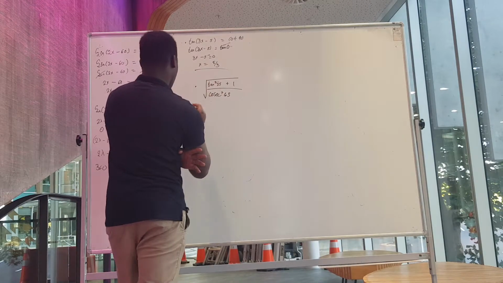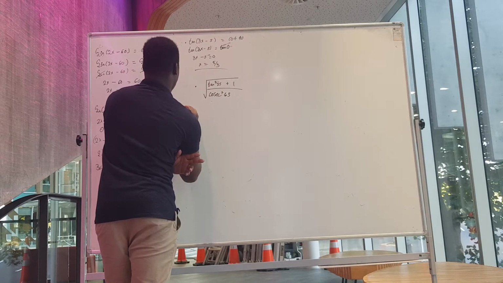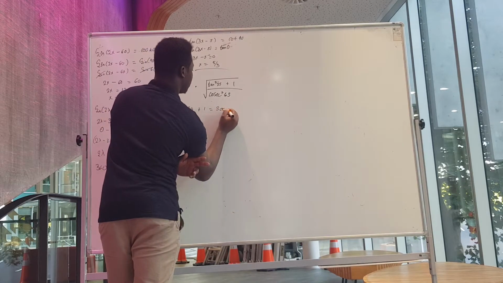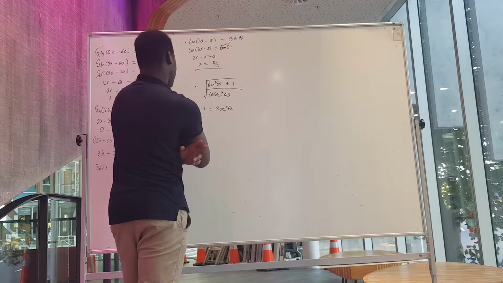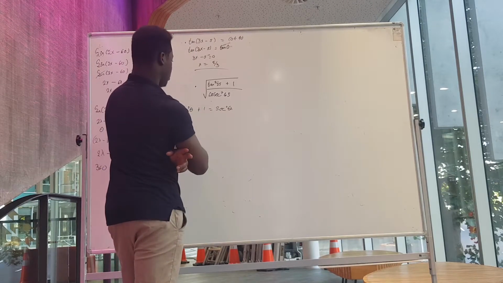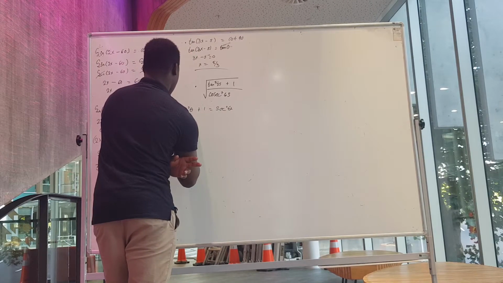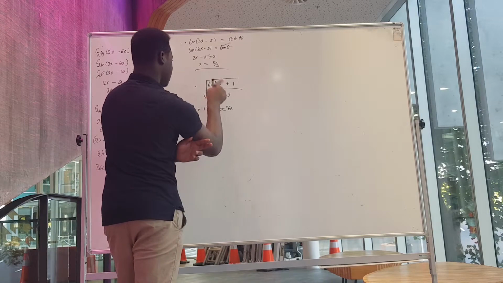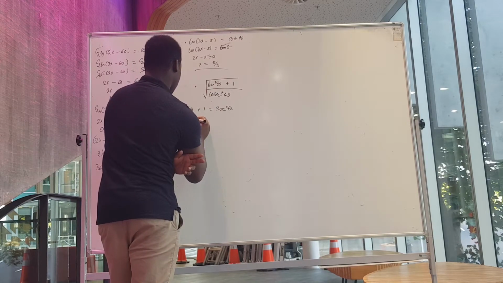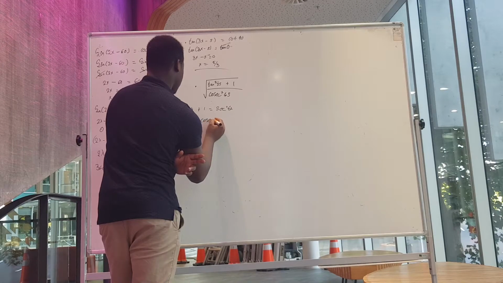We know that tan squared theta plus 1 equals sec squared theta, and we know that sec theta is equal to cosec, as I did before.